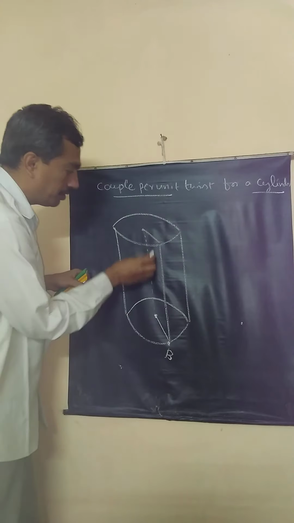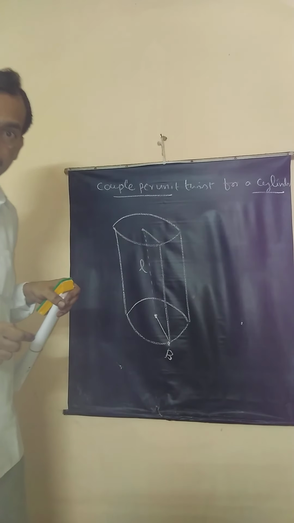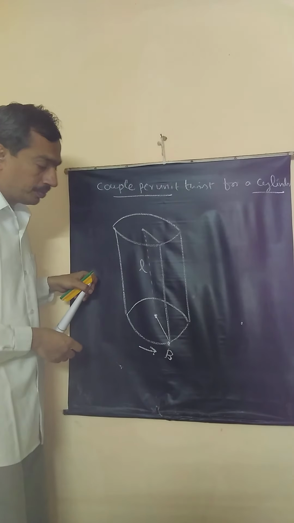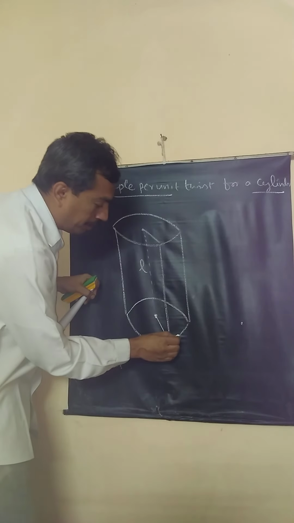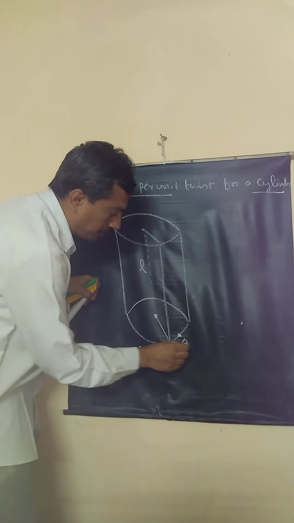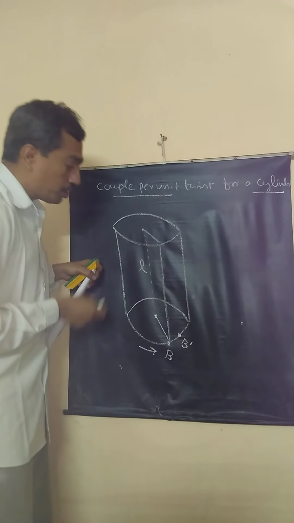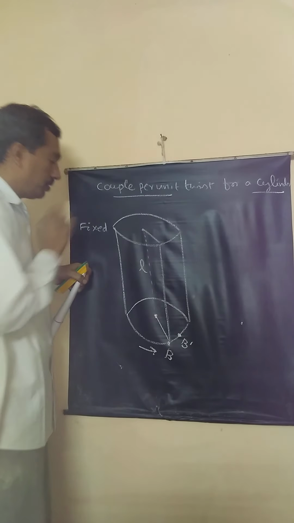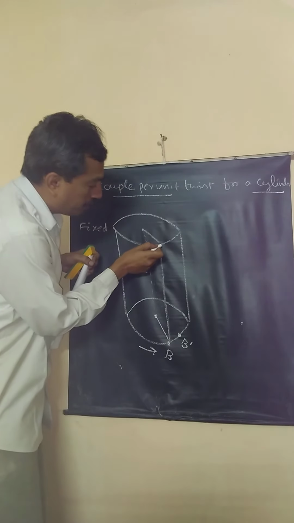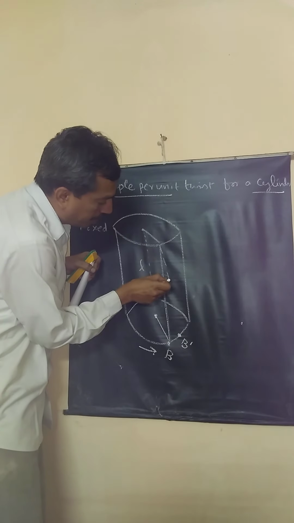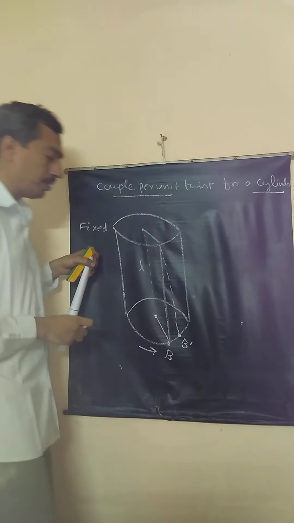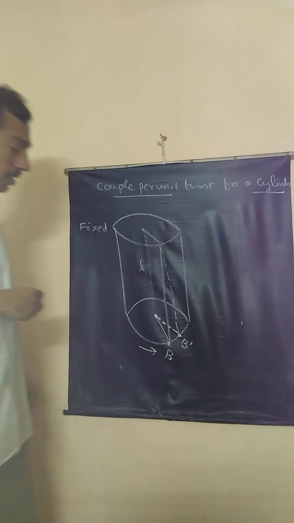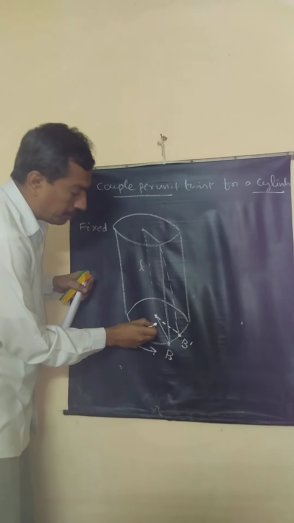Do you see the plane here? Okay. Now due to the application of the couple, the point B shifts to this point B1, B prime. So this end is fixed, correct? The upper end is fixed. So therefore now point B has to be represented in this plane. Do you see that? Now let the radius of this cylinder be x.